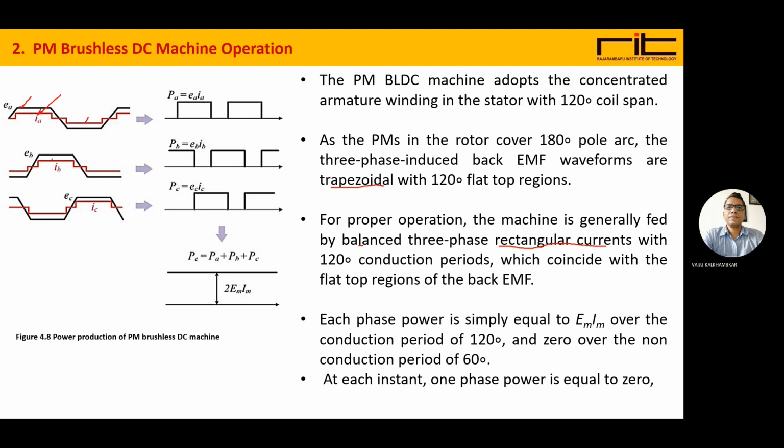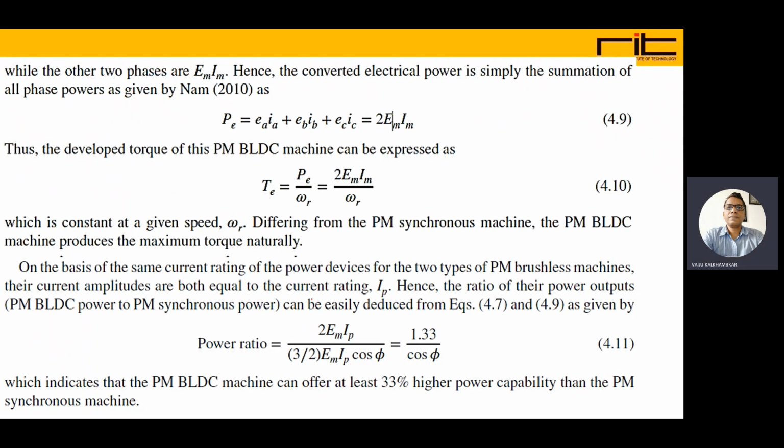Because of this, the resultant will have this conduction period and then 0 and then again conduction. If you add the total power, PE is equal to PA plus PB plus PC, the converted electrical power is simply the summation of all phase powers, which is 2 Em into Im.